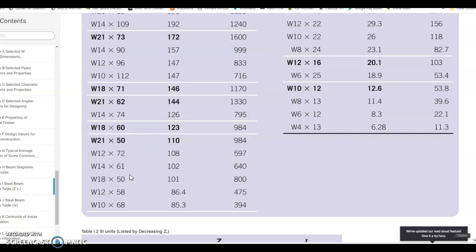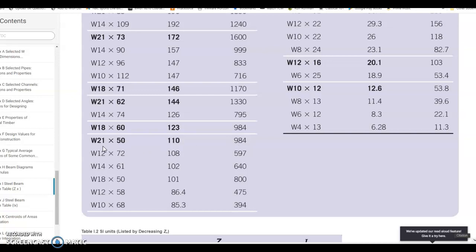So they each weigh 50 pounds per foot, so their difference in weight is no different. But the W21 by 50 does have a higher section modulus for the same weight, and it has a fairly significantly higher moment of inertia, which is going to help us out when it comes to deflection.